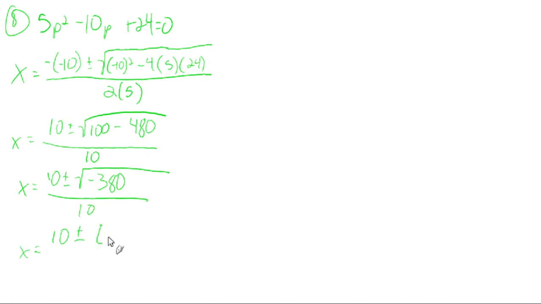That's the square root of the negative part of it. That's what i is, square root of negative 1. Then we're going to break this 380 into 2 factors, one of which is a perfect square, and we could make that 4 times 95, all over 10.